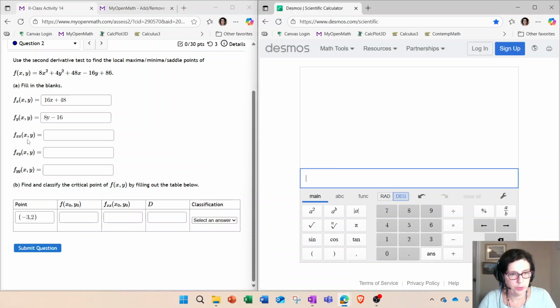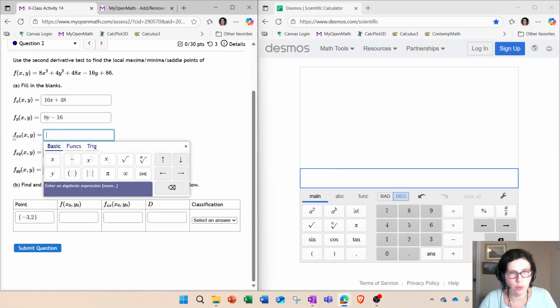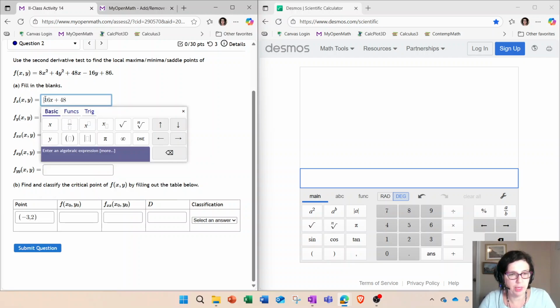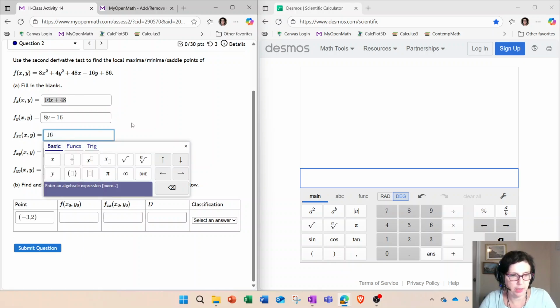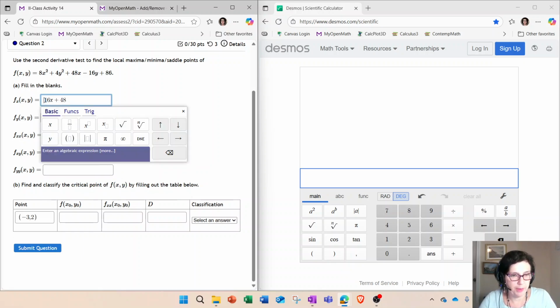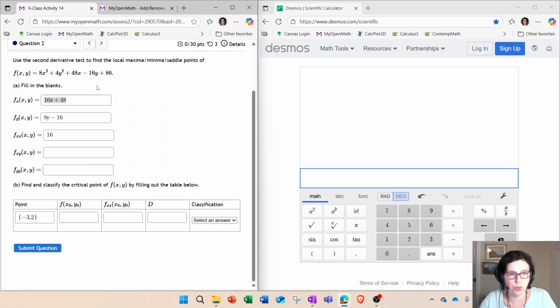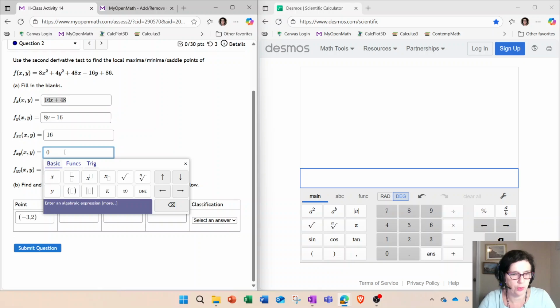But what I'm going to do is first find all these second partials. So fxx means that I am taking this and taking the derivative of it with respect to x again, which is just going to give me 16. Then I'm taking the same exact thing and taking the derivative of that with respect to y now. Because there's no y in there, that's just going to be 0.